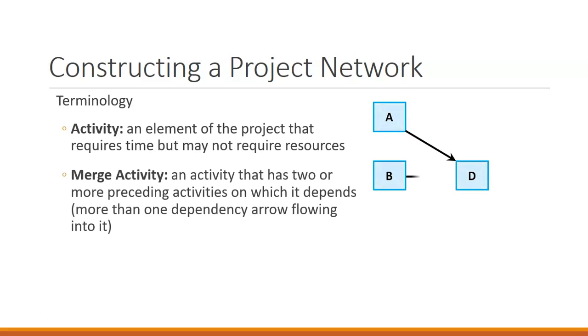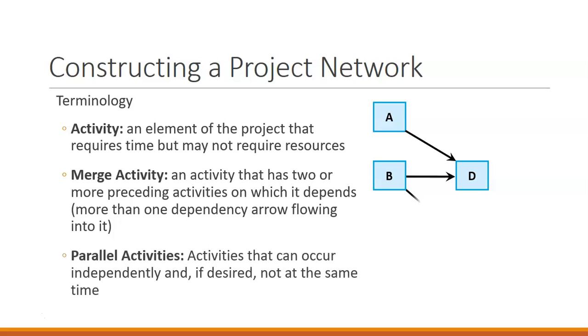The activities are the components that require time but may not require resources. A merge activity is an activity that has 2 or more preceding activities on which it depends. It means that something else in our network has to be completed in order for us to start on our activity. Parallel activities can occur at the same time or independently.